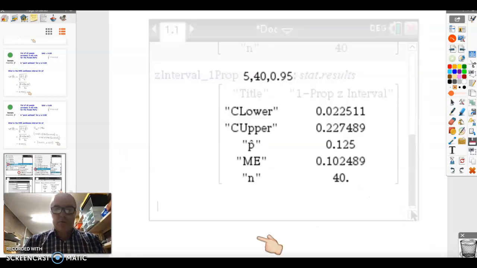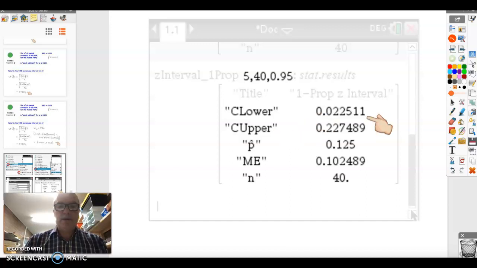So let's have a look at what's provided in that output. This part reminds you of the calculation that you've just made. 5 out of 40 is our proportion, and we want a 95% confidence interval. So it's giving us the lower limit for the confidence interval, in this case to 6 decimal places.